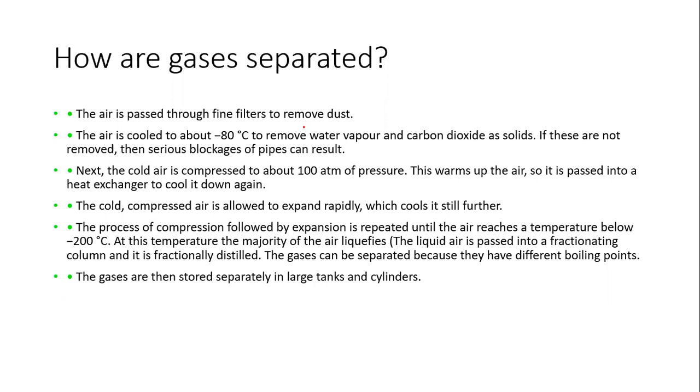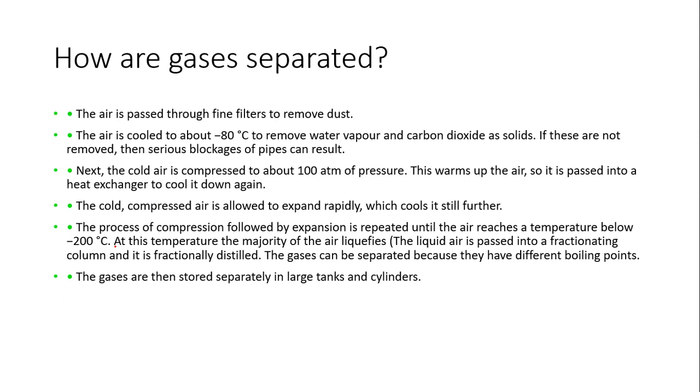What actually happens is that when you increase the pressure, the temperature increases. So the air becomes warm again, and you have to bring the temperature down again. You keep cooling the air, then compressing it, then cooling it again, and compressing it, until the temperature falls to minus 200.